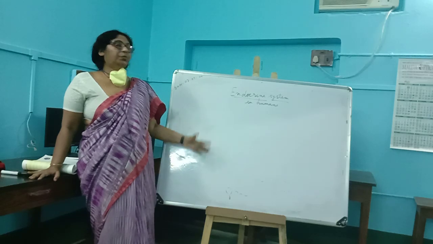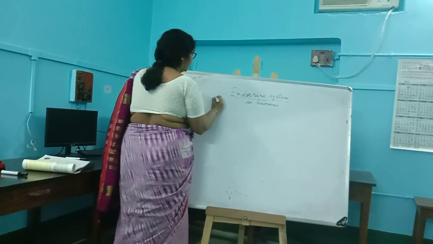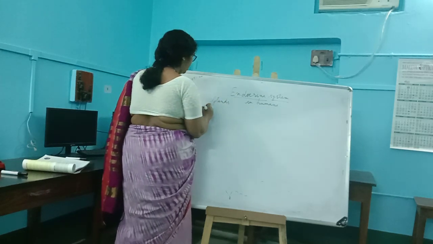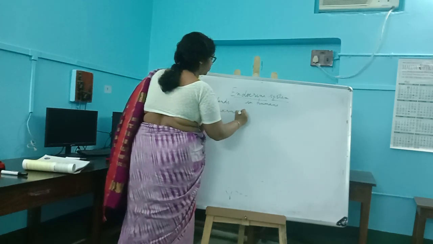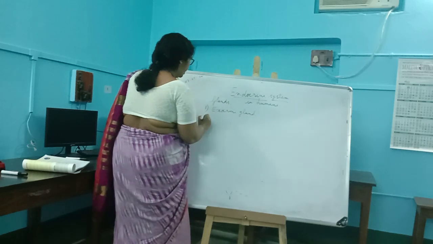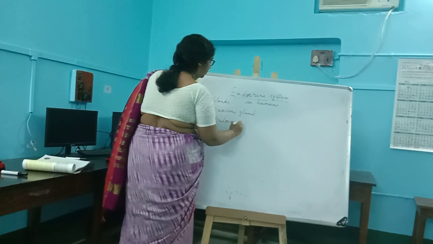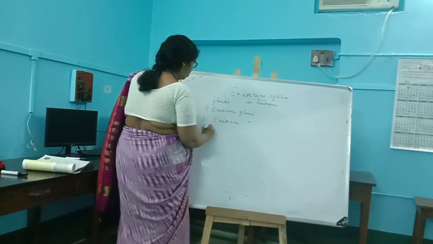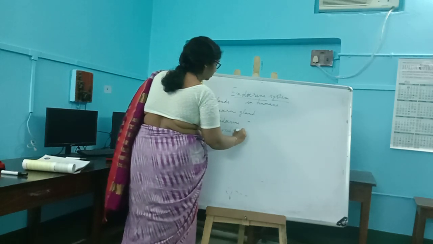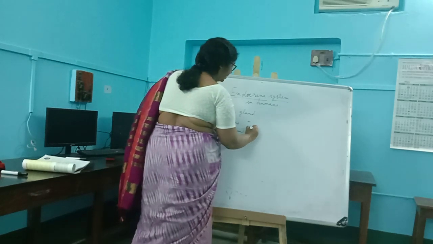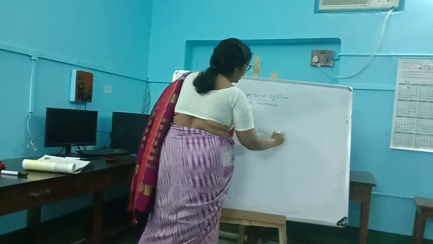Okay, so actually there are three types of glands in your body. One is the exocrine gland, one is the endocrine gland, and the other one is the mixed gland, or we can call it heterocrine.